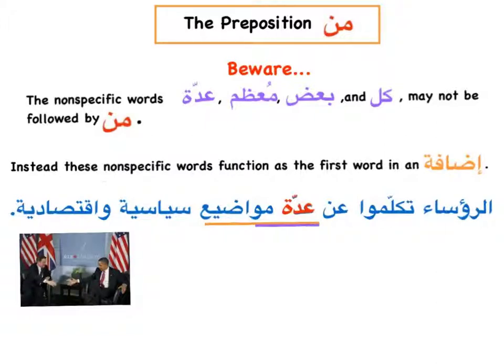So the presidents spoke about a number of political and economical issues. عدة is a non-specific word, and it's the first word of an إضافة. عدة مواضيع. Again, min is nowhere to be found because you don't use it with these words.